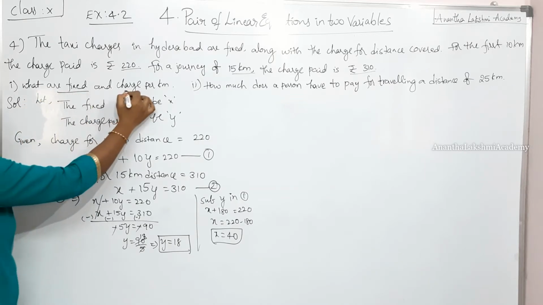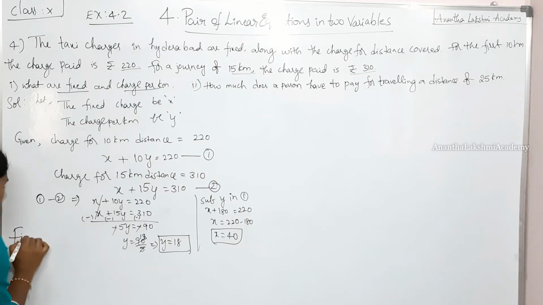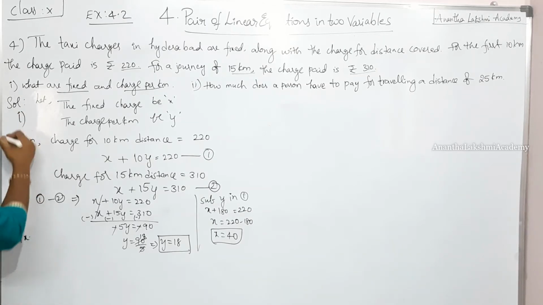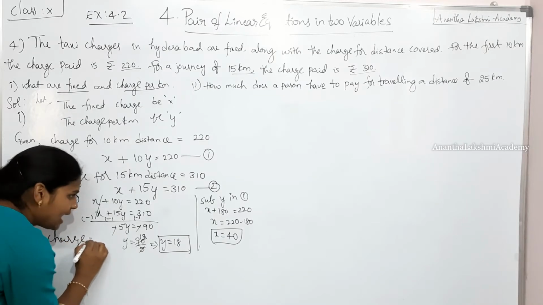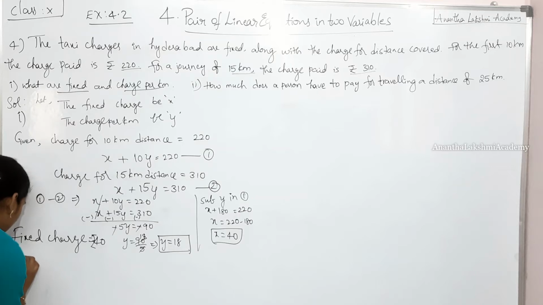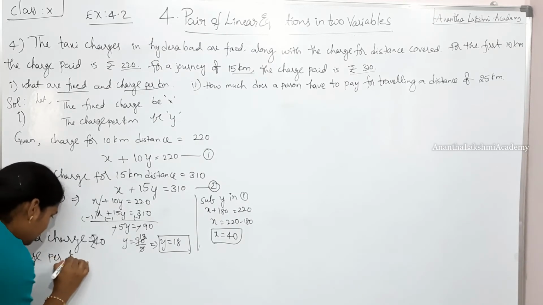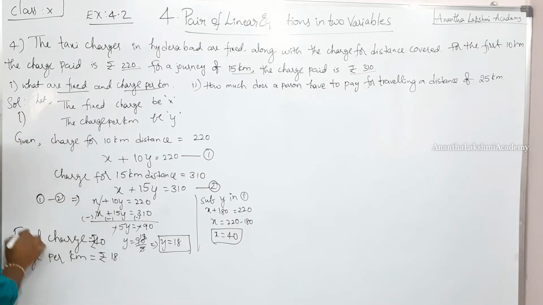What is the fixed charge and charge per kilometer? Therefore, fixed charge is equal to X, 40 rupees. And charge per kilometer is equal to 18 rupees. This is our first bit.